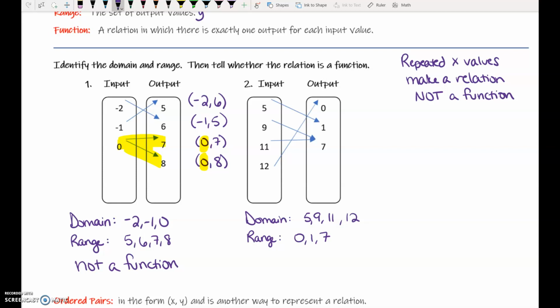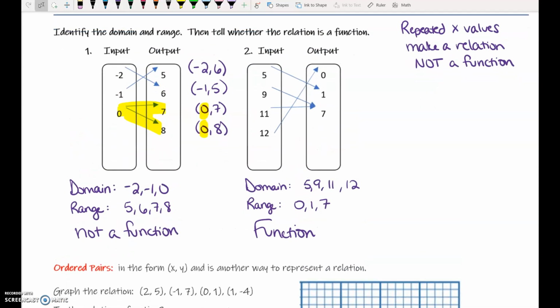So what do you think about number 2? Is it a function or not a function? It is a function. If you wrote out these values, you got 5, 1, 9, 7, 11, 7, 12, 0. There are no repeated x values, so it is a function.